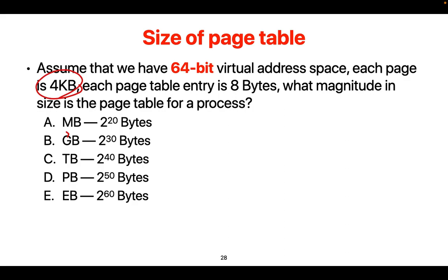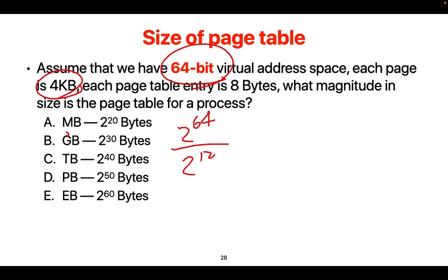It's a 64-bit memory address, right? So you have a total of 2 to the 64 memory addresses, and each page is sized as 4K, so it's 2 to the 12.